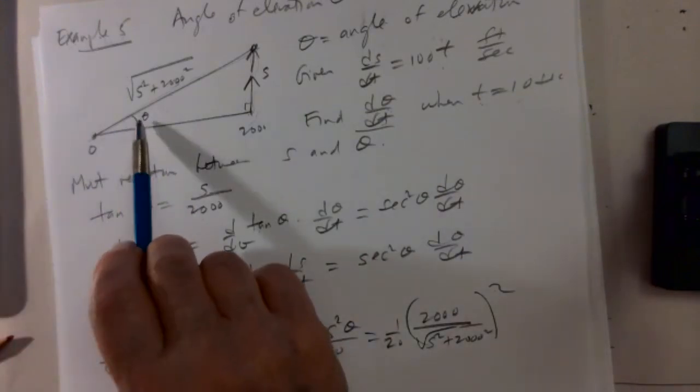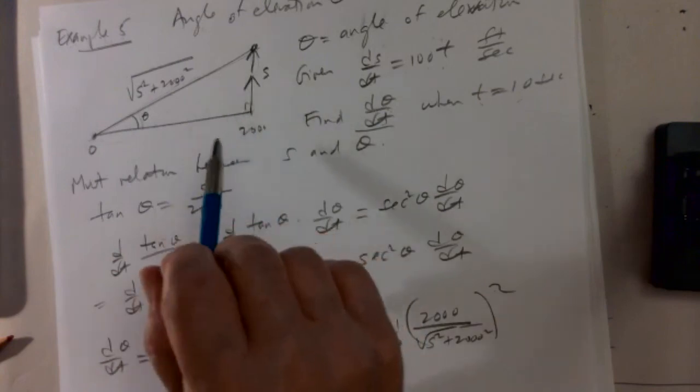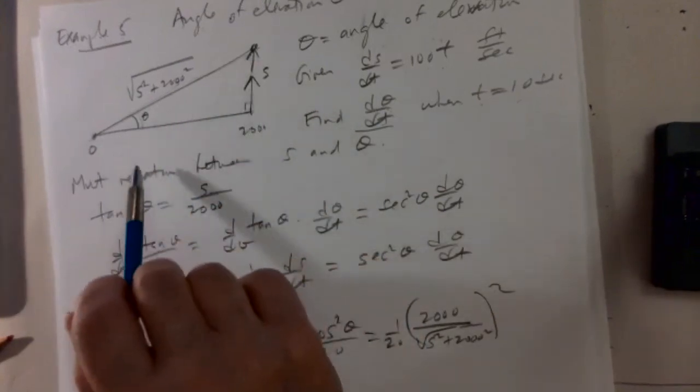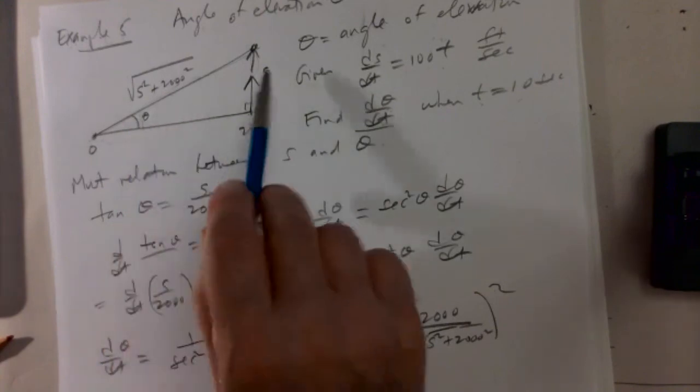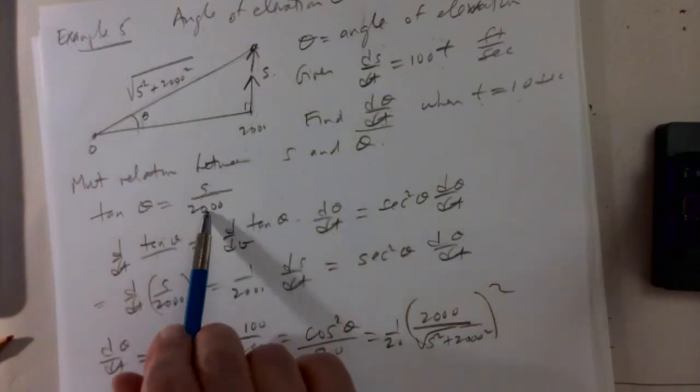So you need a relationship between theta and s. And one relation is that in this right triangle, the tangent of theta, opposite over adjacent, is s over 2,000.